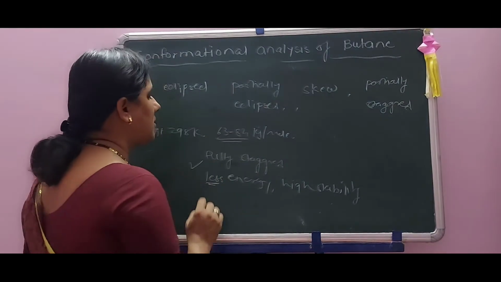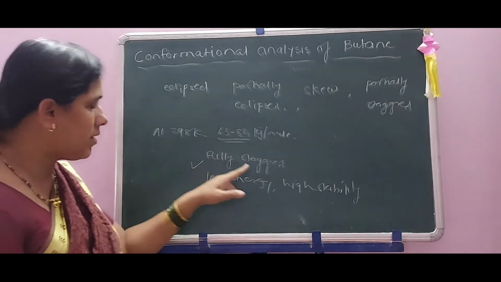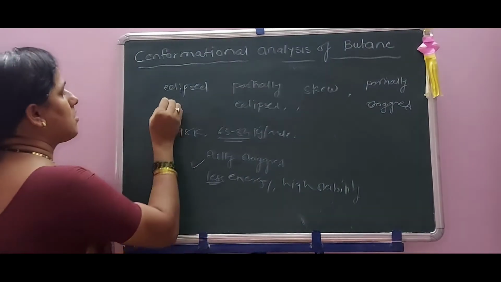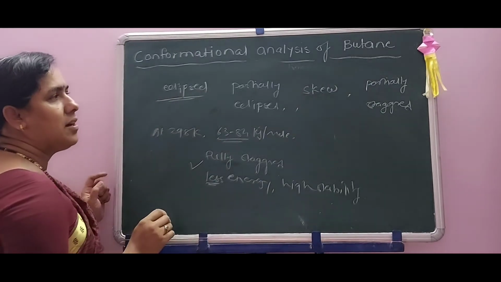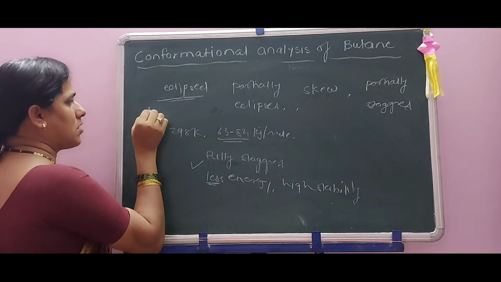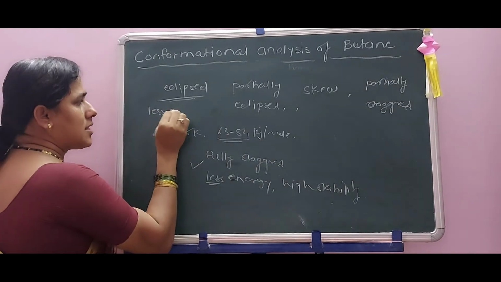Thus, the most stable structure is the fully staggered structure, and the least stable structure is the fully eclipsed structure, which has the lowest stability.